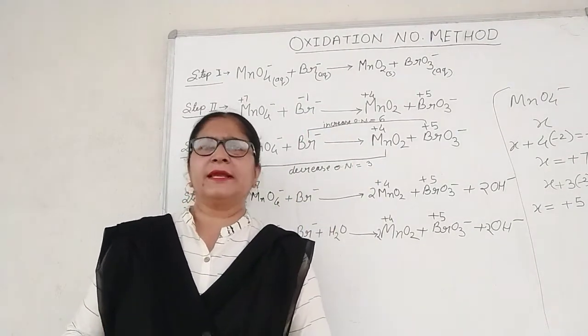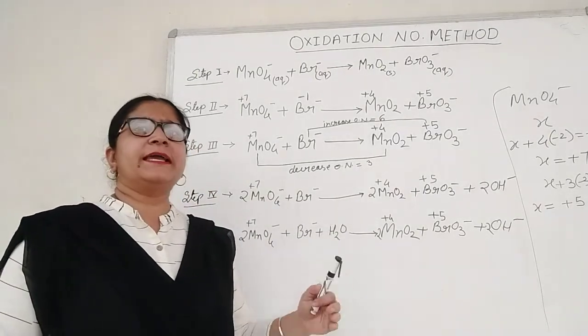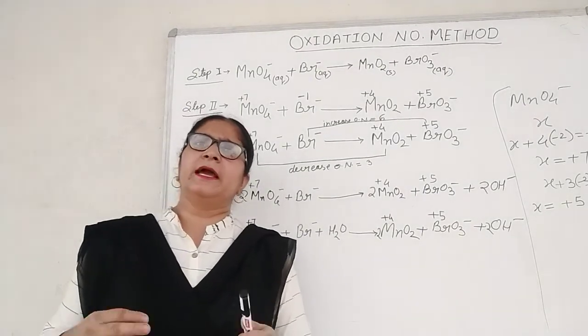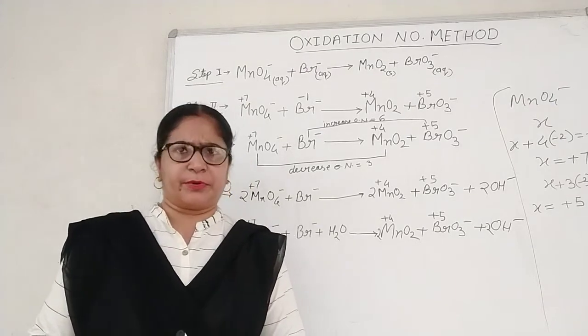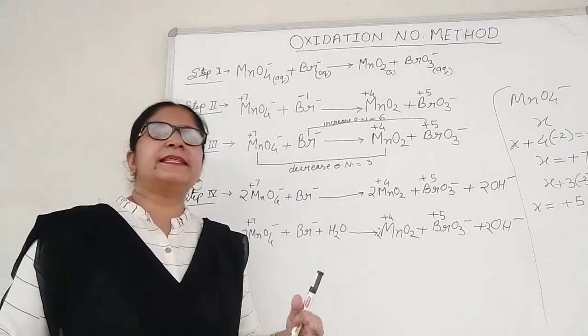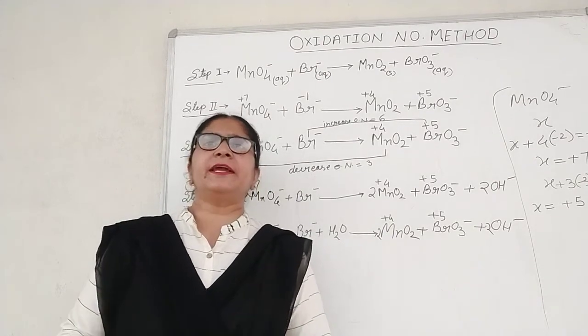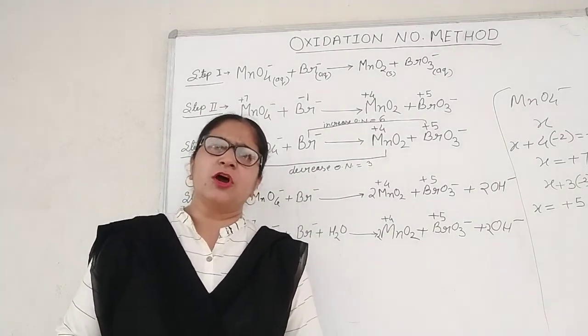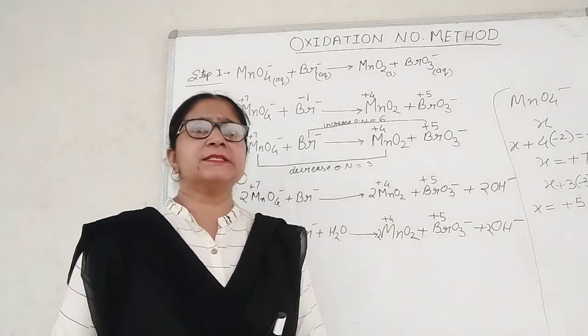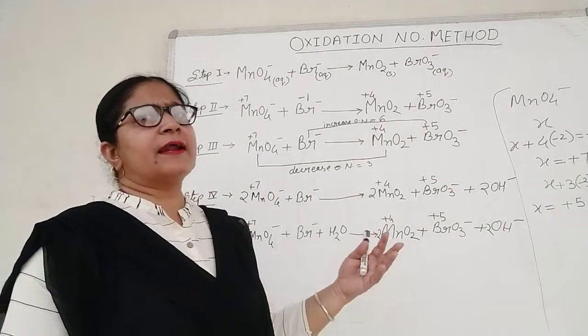Hence, to make the decrease equal to the increase, we multiply the manganese decrease by 2, which means we introduce a coefficient of 2 with manganese on the left and right hand side of the equation.